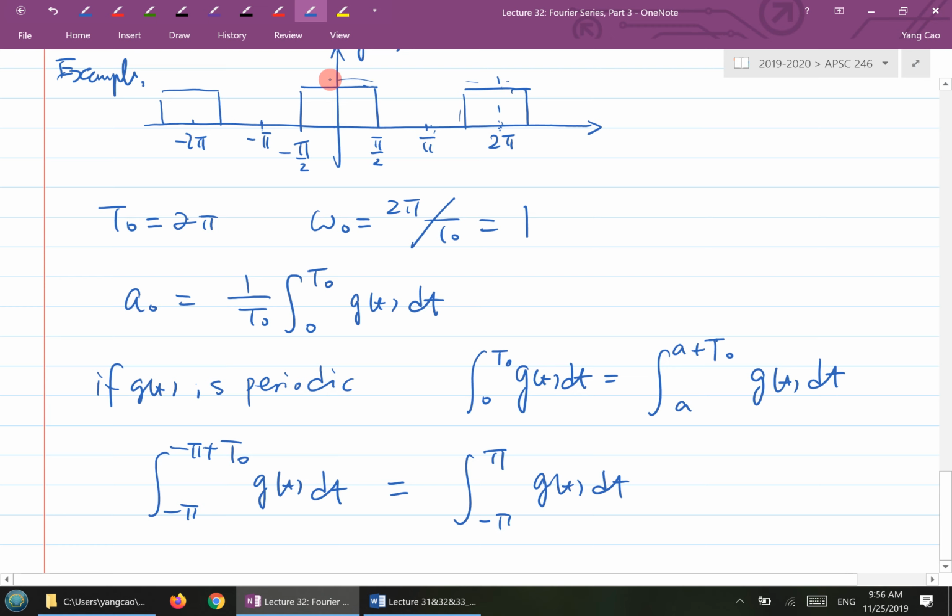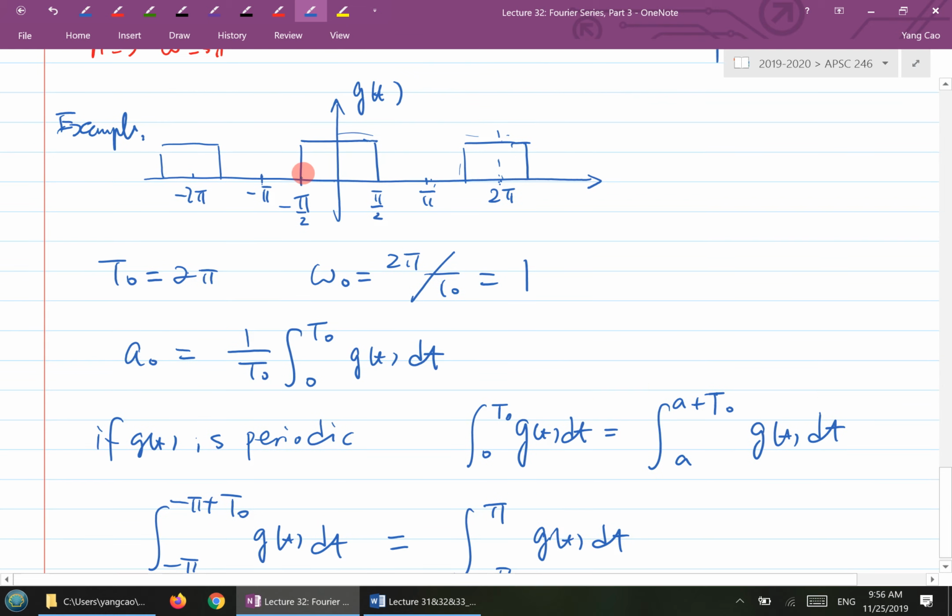So how would you know that? Because of the observation: you look at this g of t, and a lot of times it may be easier to identify the period from negative pi to pi. You can see it repeats like this. It depends on how comfortable you are.